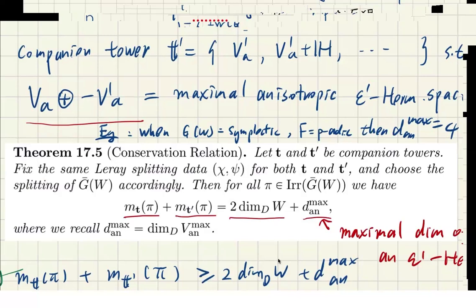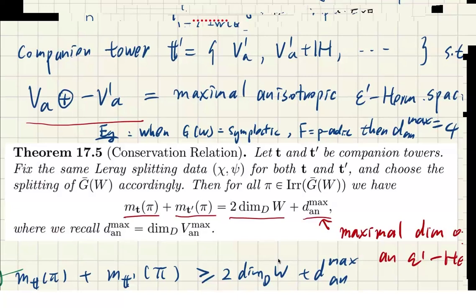For orthogonal groups over a p-adic field, you will have a limited number. I think you will have 8 Witt towers for a p-adic field, but for the real field, you will have infinitely many Witt towers of orthogonal group.